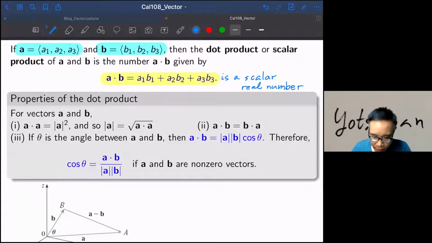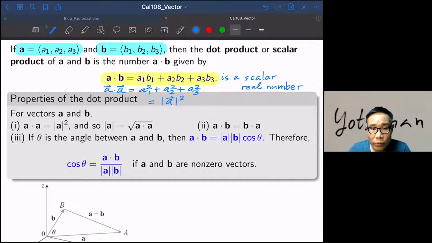The next one is going to be about the properties of the dot product. If I write A dot A, it's going to turn out to be A1 squared plus A2 squared plus A3 squared, and this turns out to be just the norm of A squared.